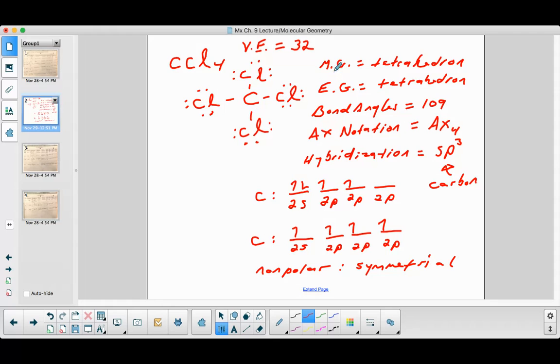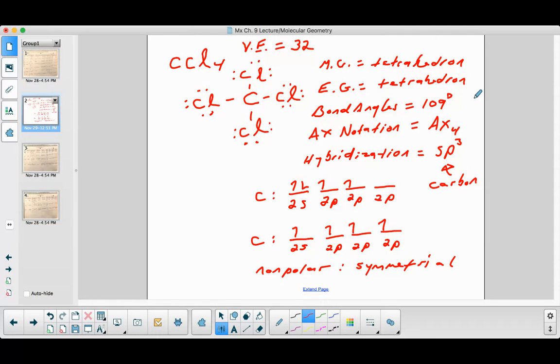So you describe your molecular geometry and electron geometry around your central atom. And when you have a tetrahedron, you have a specific bond angle. And the bond angle here for the tetrahedron is 109.5 degrees, but some resources just call it 109 degrees.